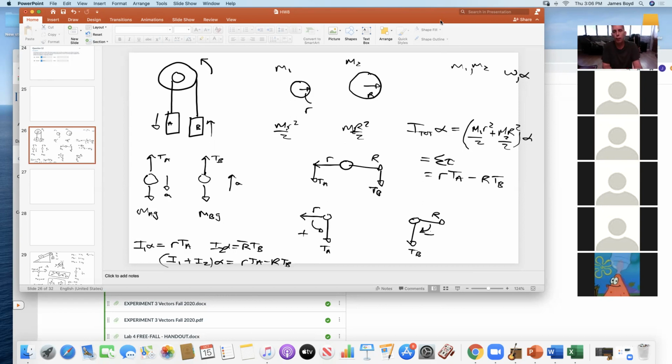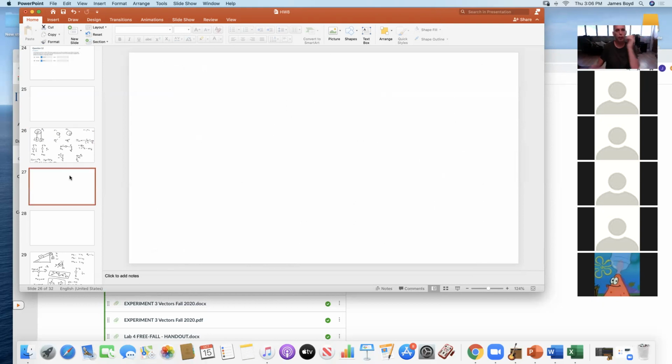So what we've got going on here is basically the total moment of inertia is equal to the sum of the moments of inertia. So, okay, once we've done that, we know that MA is equal to MAG minus TA.